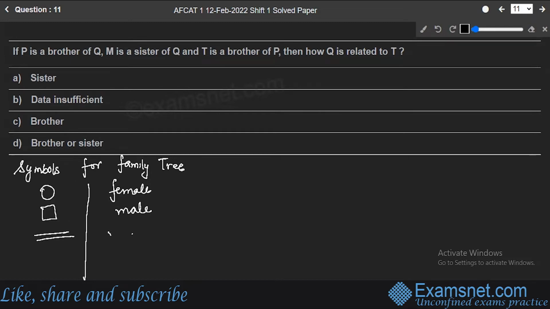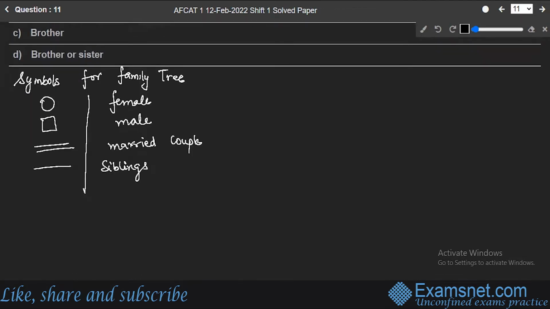This line, double lines, represents a married couple. Single line represents siblings, and a vertical one, a difference of a generation.